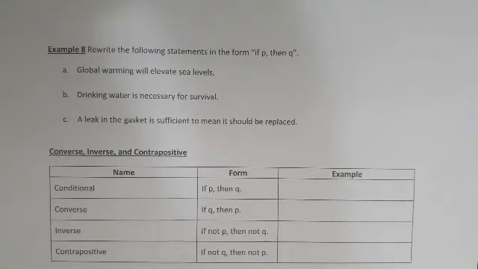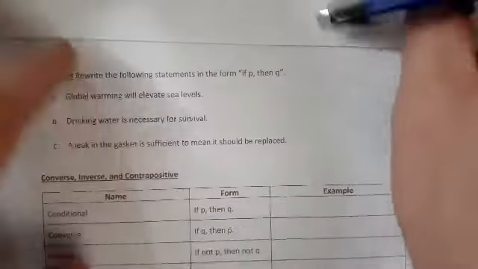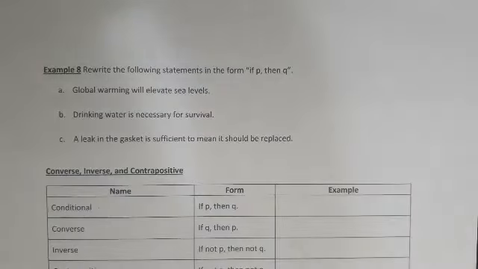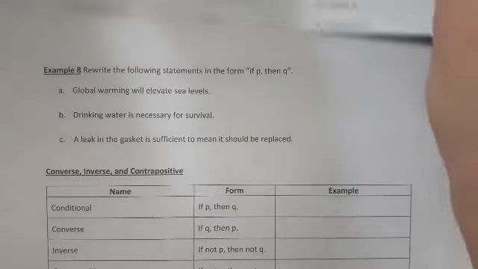Global warming will elevate sea levels. So this sounds like the P will lead to Q. So maybe I should keep this up here. Maybe I can keep them all on one page then.